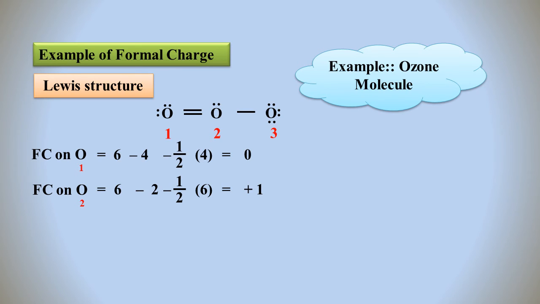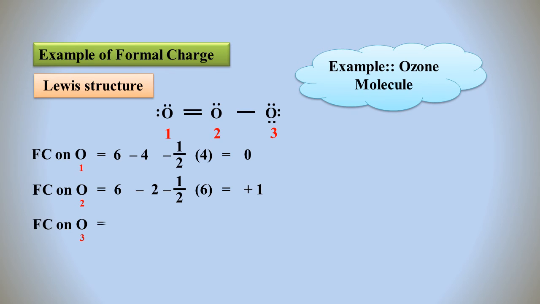So we have plus 1, the formal charge increases by 1. The other one, the third one, let's go to it. Do you think the charge increases from one atom to the other?